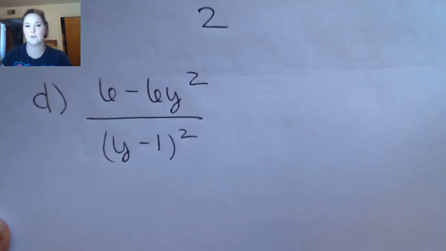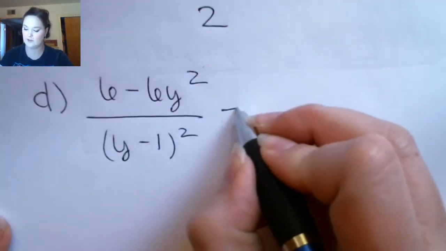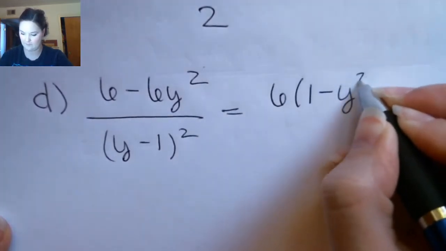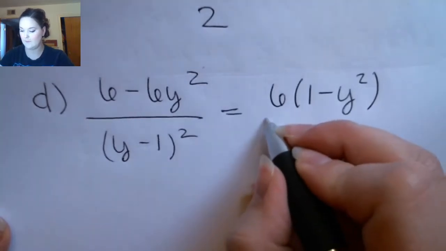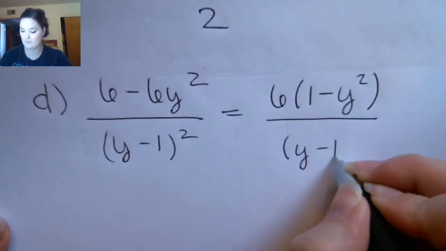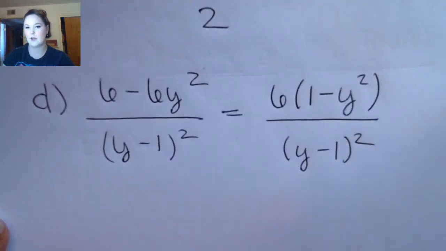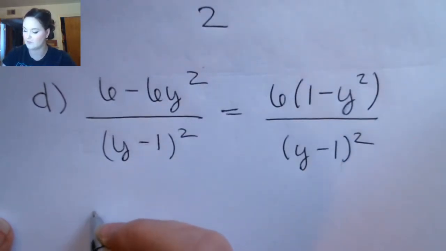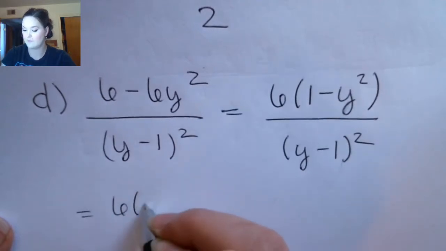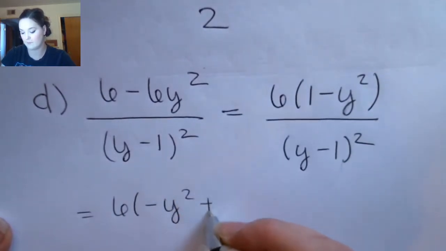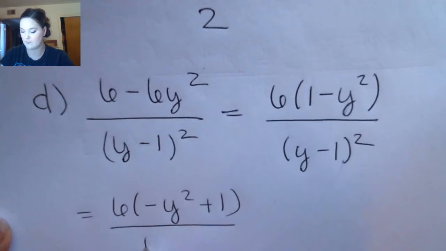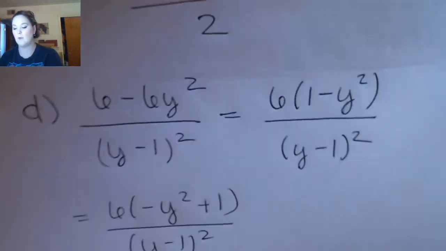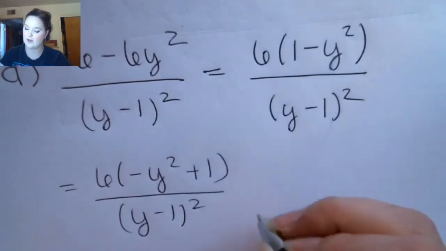All right, so the first thing I'm going to do here is factor out the 6 from the numerator. And now because I actually want my y's to be in the front so that I can cancel this, I'm going to reorder my terms. And now I want to factor this, but I'm going to factor the negative out first.